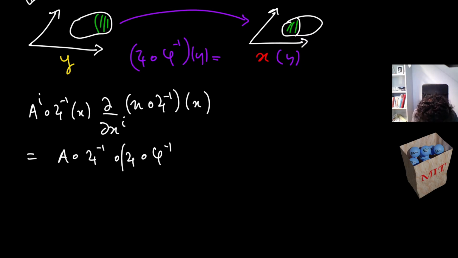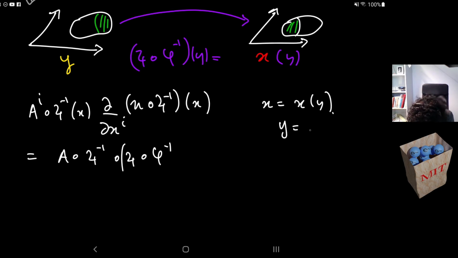It's the other way. Just give me one second. Aha. So I want to consider x equals x of y. I'm just trying to make a coordinate transformation.